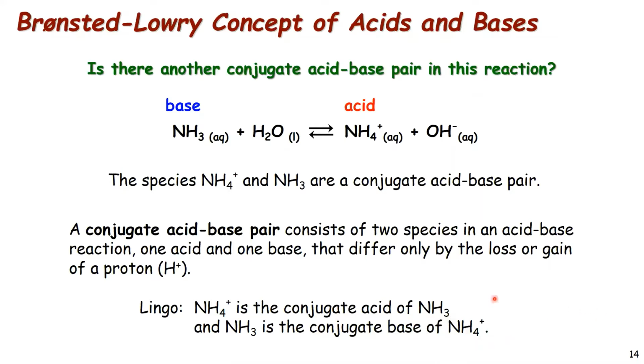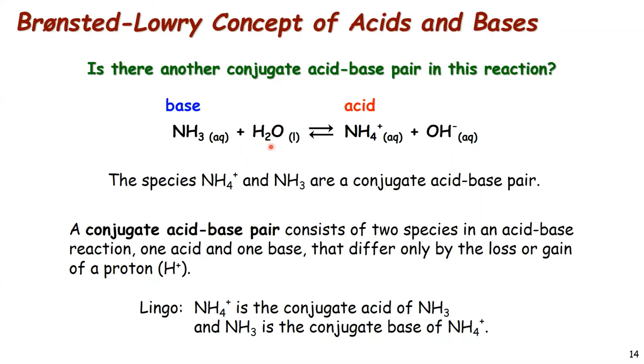Now, is there another conjugate acid-base pair? Does anybody see yet another conjugate acid-base pair in this reaction? H2O and OH minus. Yeah, right. So this is the other conjugate acid-base pair, right?